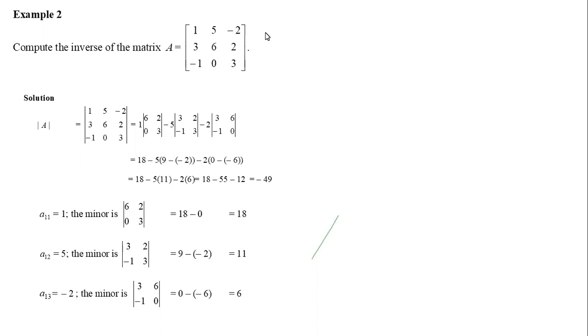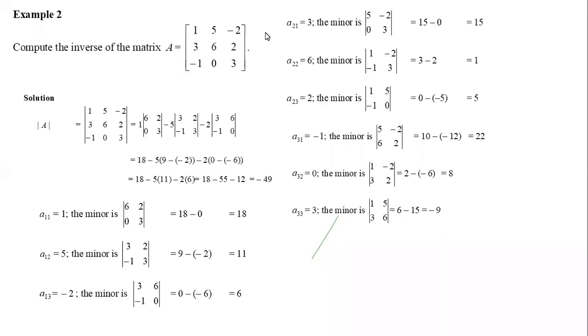Minus 1 is going to give me 22. What about the minor of 0? It is 8. The last one, minor of 3, is -9.